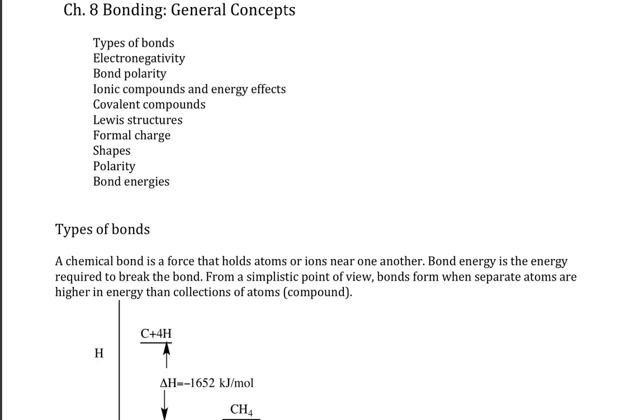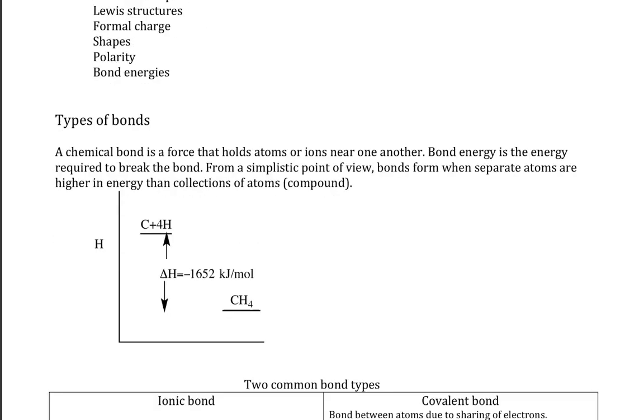Types of bonds. A chemical bond is a force that holds atoms or ions near one another. Bond energy is the energy required to break the bond. From a simplistic point of view, bonds form when separate atoms are higher in energy, like carbon plus 4 hydrogens as separate atoms, than collections of atoms, that is, the compound formed from them.